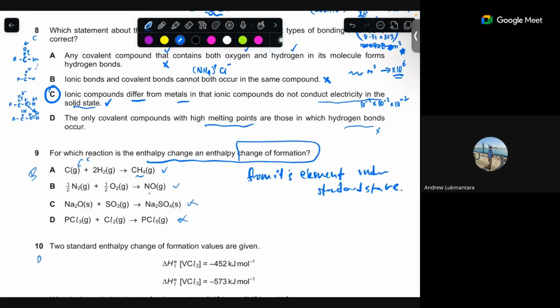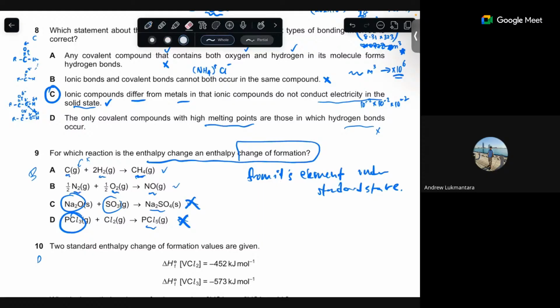We check on that 1 mole. And once you have the 1 mole, it must be from the elements. So this one, they are not elements, so it cannot be the answer. This is not an element, cannot be the answer. In this case, element, element, element, element.